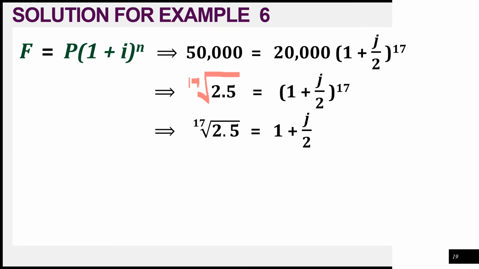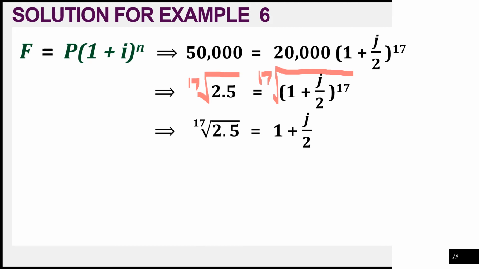So we do it this way. Getting the 17th root of 2.5, and then on the other side as well, we are going to get the 17th root. Now, we are not going to do anything at all with this side, but for this side, we're going to eliminate 17.